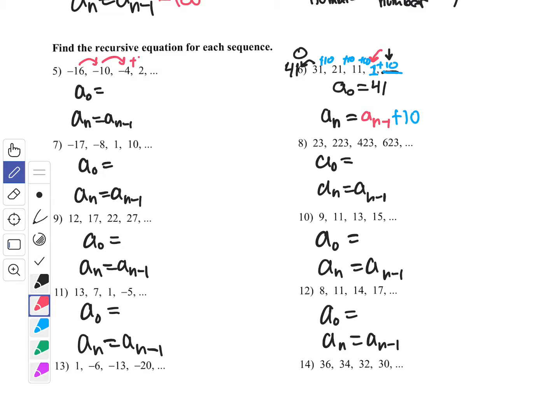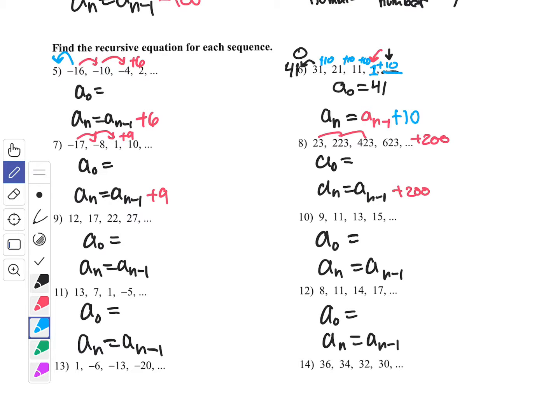So growth here, I am adding 6 each time. So growth goes right there. The growth here, I am adding 9 each time. So put my growth down. The growth here, I'm adding 200 each time. Do you see how that's the same?